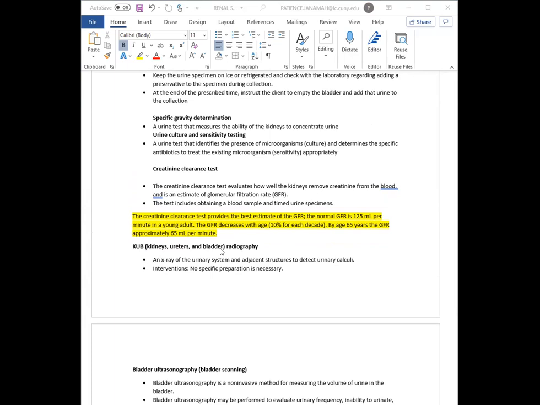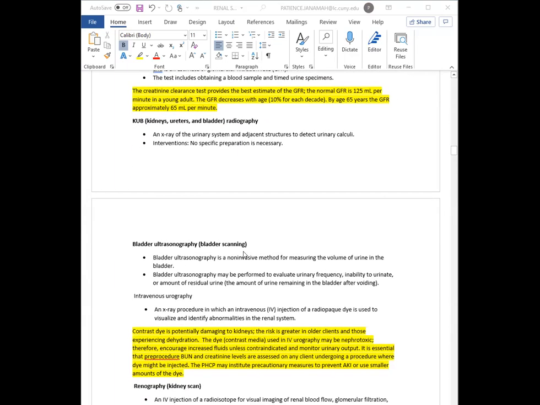They tell you it's a pelvic X-ray, but it's supposed to study your kidneys, ureters, and bladder, so that they see if there's a stone in the ureters or a kidney stone. I have a picture of a kidney stone.